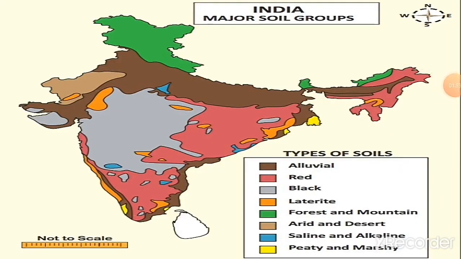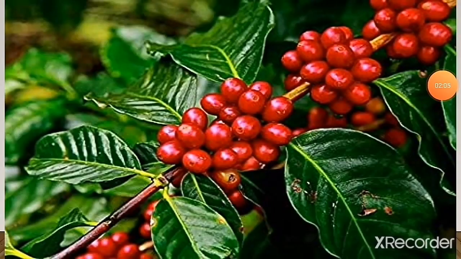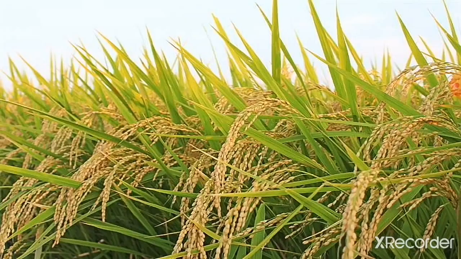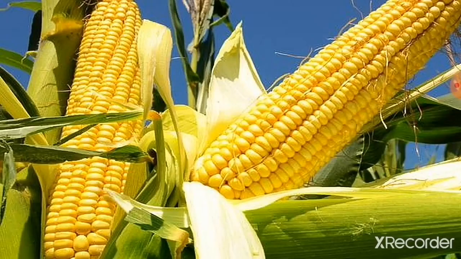It covers the states of Jammu and Kashmir, Himachal Pradesh, Uttarakhand and Sikkim, Eastern and Western Ghats. Crops growing in this region are coffee, tea, rice, maize, tropical fruits and various types of spices.